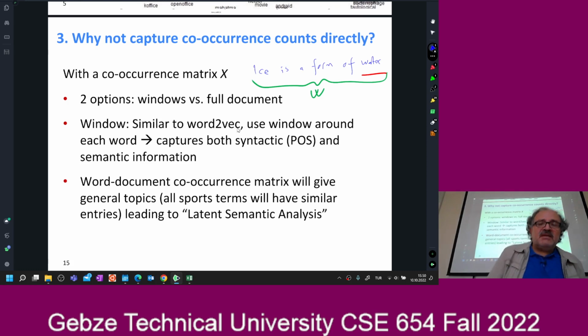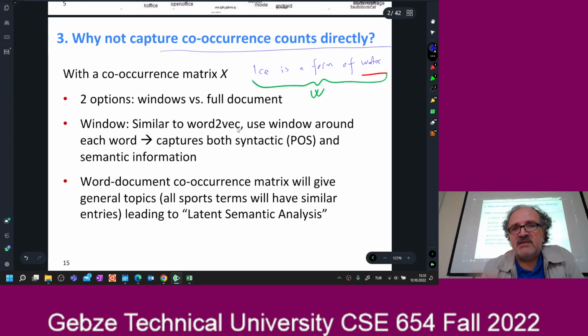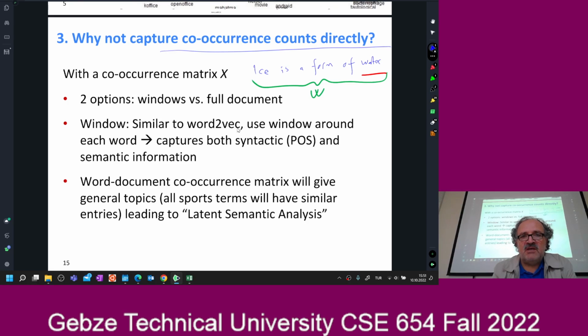But there are other ways of finding these vectors. It's called co-occurrence matrices.